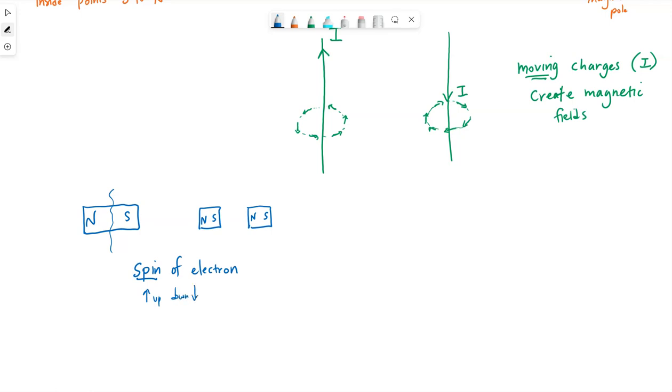It is that aspect of the electron that is related to its magnetic properties. In any given material, little regions of the material will have different randomly oriented, what we call magnetic domains.